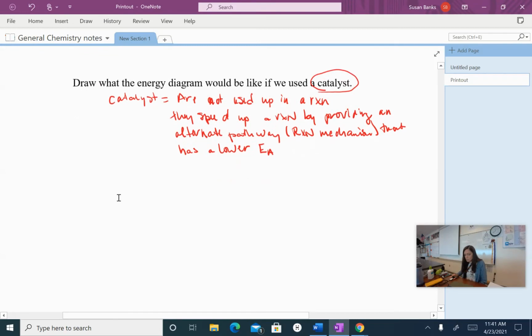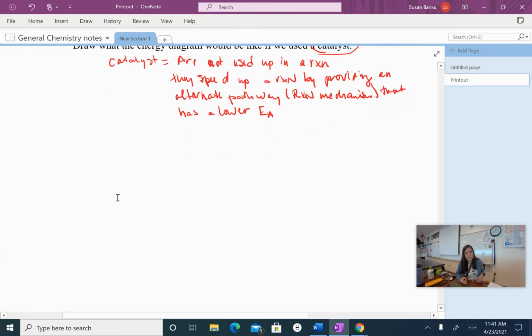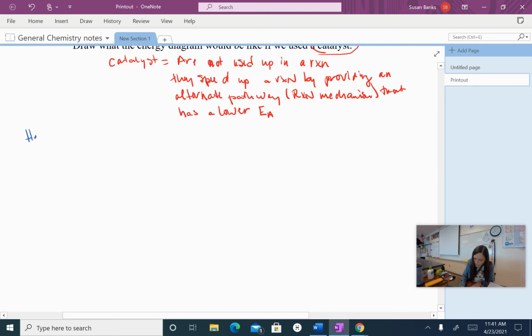Okay? So there's another way that we can quantify the heat of a reaction as well. It's called Hess's law. And I'm just going to do a couple of examples of Hess's law. It basically means the heat of a reaction can be described by this.